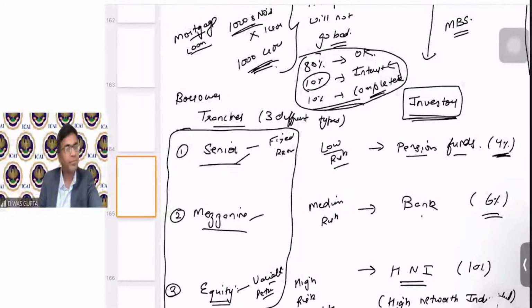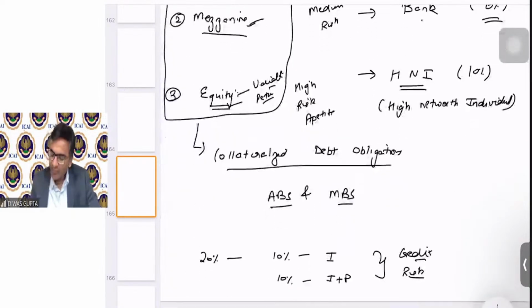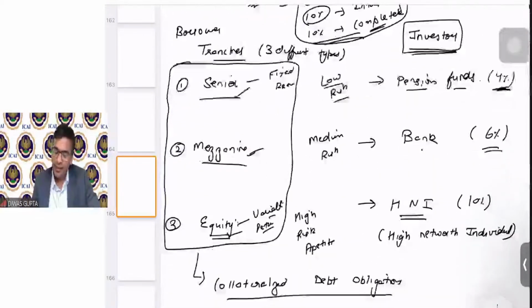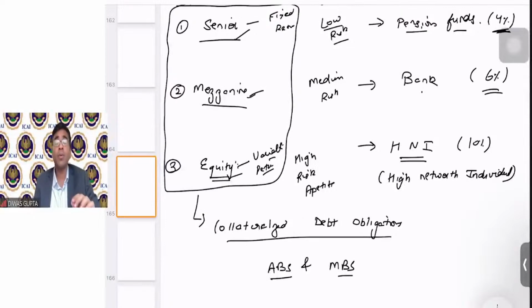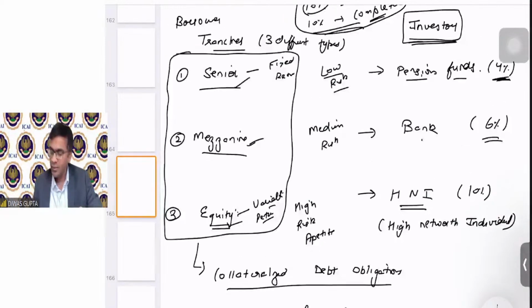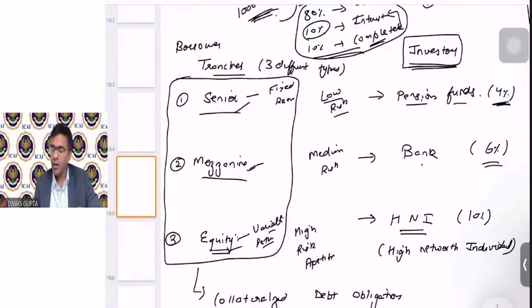Senior has no credit risk. Mezzanine will have some amount, and equity will have the 100%. So in a way, the creation of three different tranches, which is the process called collateralized debt obligation, has assumed the credit risk and treated it, okay, students.